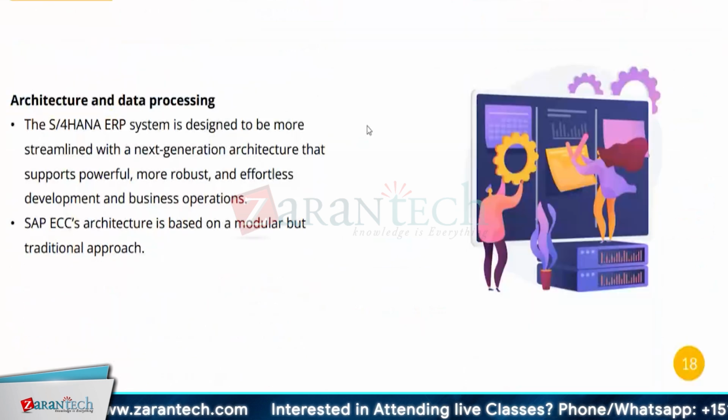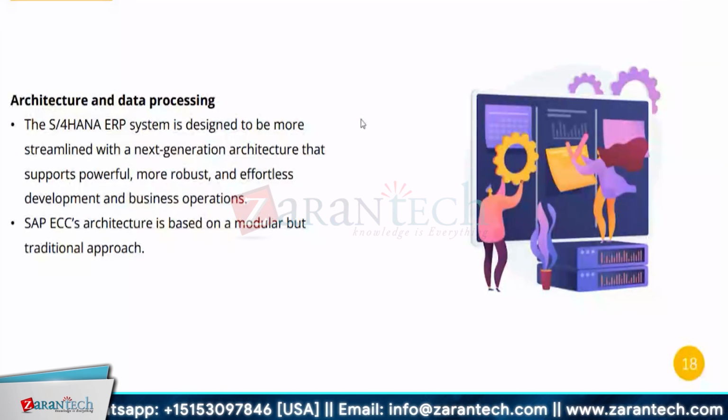And last but not the least is the architecture and data processing. We need to remember how the architecture of SAP S/4HANA is structured, because with the incoming of this new Fiori landscape, a lot of new things have been embedded into the system. There's something called the web dispatcher, and there's something called network layer security.